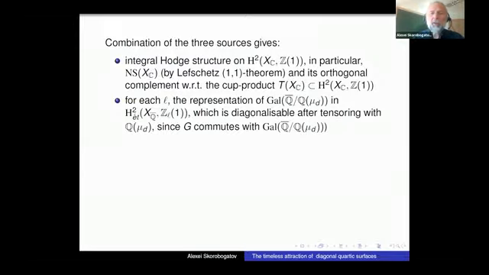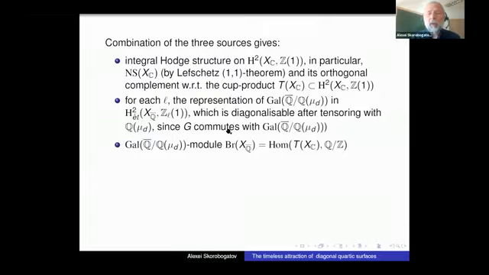The action of G commutes with the Galois group, provided we work over the cyclotomic field. If we tensor the cohomology group with the cyclotomic field, we can diagonalize the Galois representation because we can diagonalize the action of G, and the two actions commute, so we get this beautiful picture. We get a vector space which is a direct sum of one-dimensional representations given by characters, and we can determine these characters explicitly.